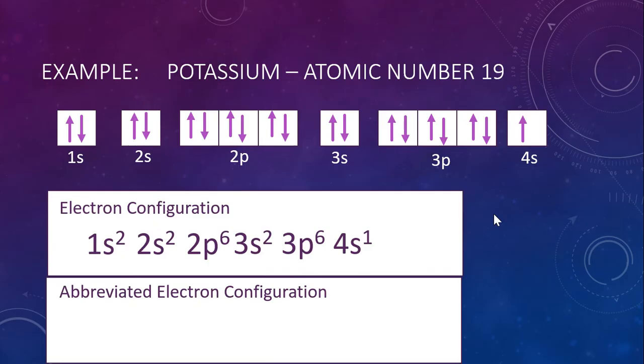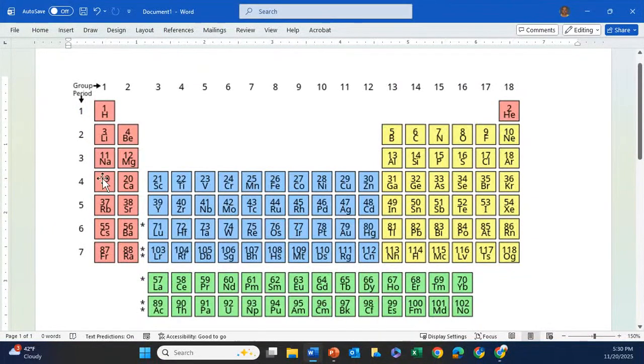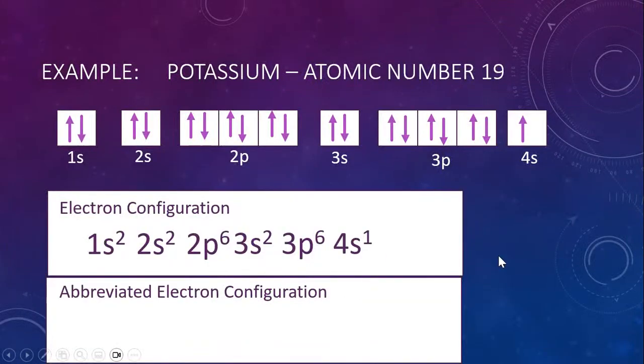Now, for this abbreviated, kernel, or shorthand method, you have to identify the noble gas that precedes this element. For potassium, number 19, the noble gas before it was argon, number 18. So I start by putting the symbol Ar in square brackets. That represents 1s2, 2s2, 2p6, 3s2, 3p6.